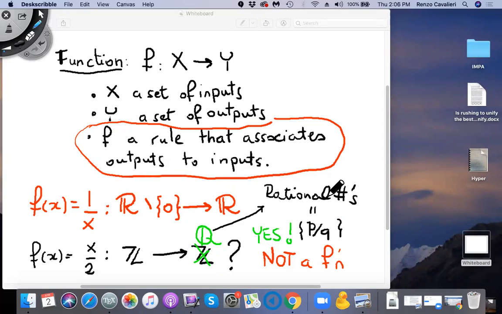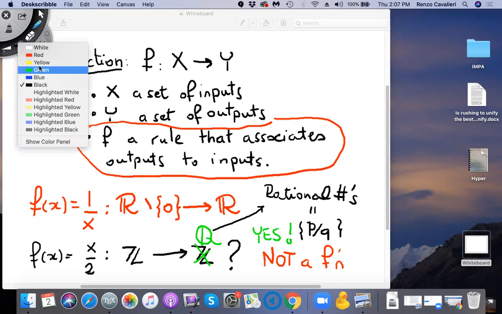Because the Z represents all whole numbers, correct? Yes. So then how is that not a function if you have Q in there? Or am I reading that wrong? Sorry, maybe my writing made the statement confusing.